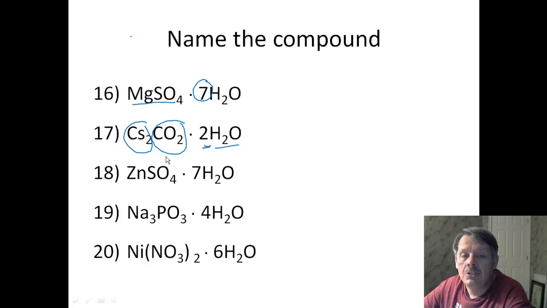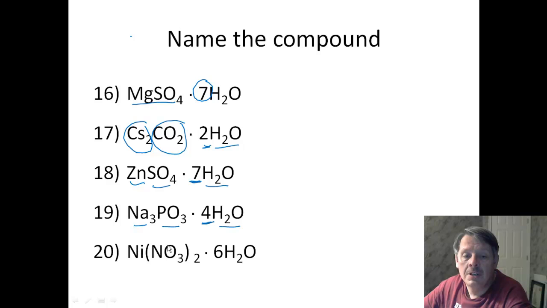So cesium carbonite dihydrate. Zinc sulfate, pretty straightforward. 7 is heptahydrate. Sodium and phosphite, PO3 is phosphite, so sodium phosphite. And 4 is tetra, so it's tetrahydrate. So sodium phosphite tetrahydrate.